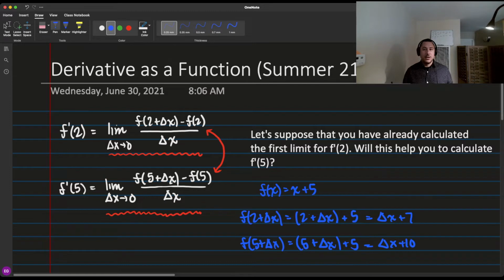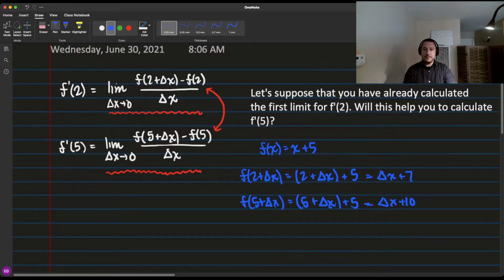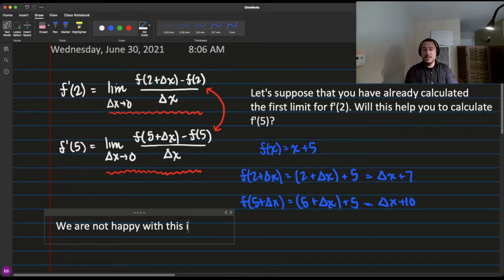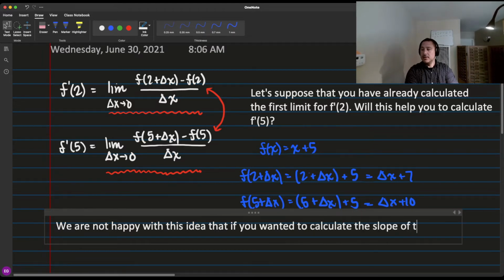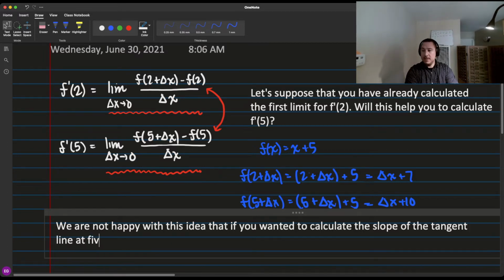Okay? So what we're going to do is we want to speed up this process. So I'm just going to write that we are not happy with this idea that if you wanted to calculate the slope of the tangent line at 5 different points, it requires 5 different limit calculations.